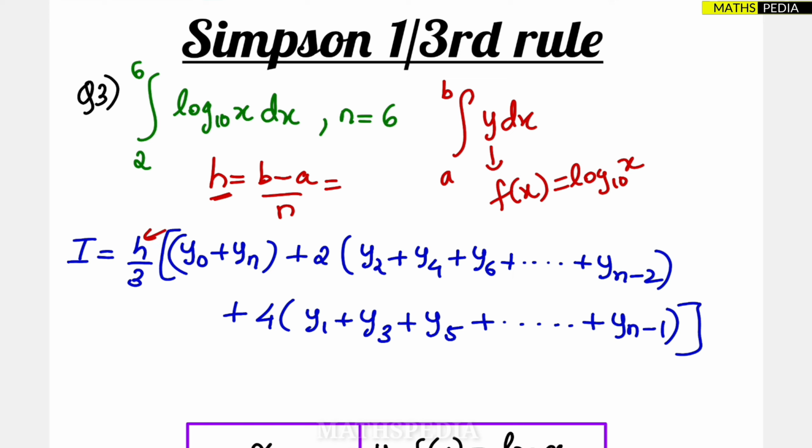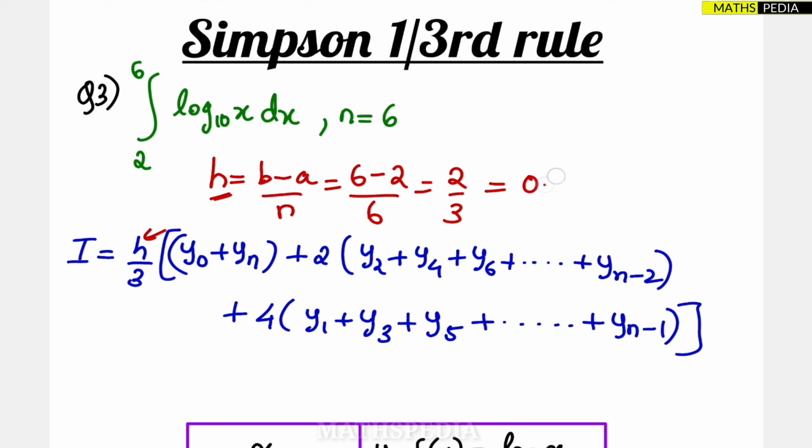So b, the upper limit, 6, minus the lower limit, 2, divided by n, which is 6. You will get 4 by 6, which is 2 by 3, equal to 0.666 and so on. So this you have to consider.